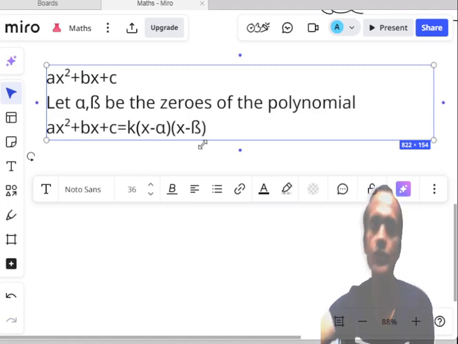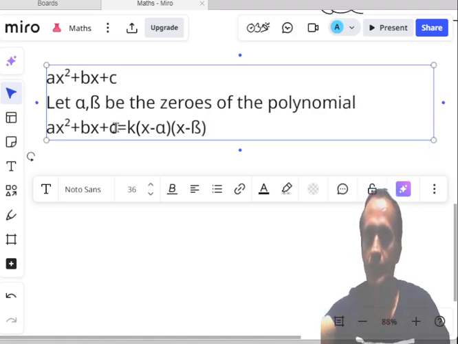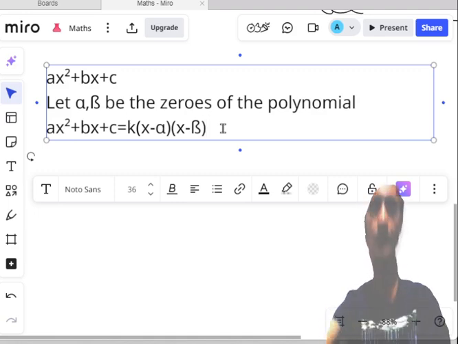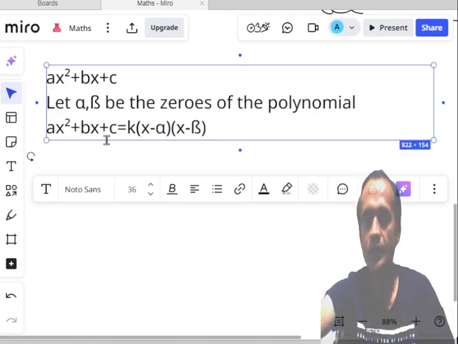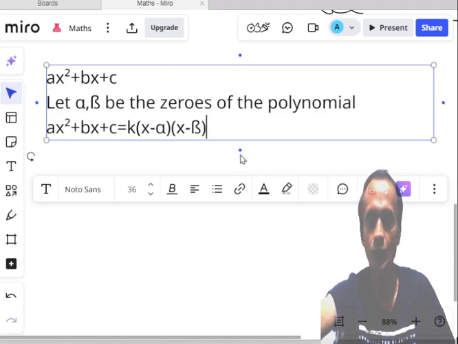So we can write this equation now by factorization of this polynomial. The method that we studied in class ninth, factorization by splitting the middle term, we used to find the factors. So let these be the factors, x minus alpha and x minus beta, because alpha and beta are the zeros of the polynomial.